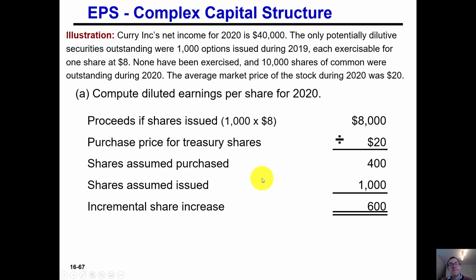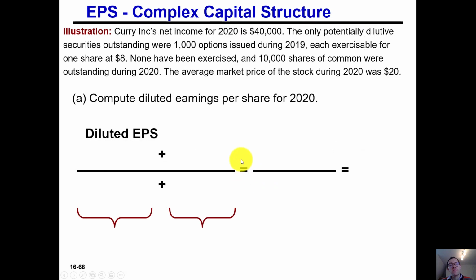But that's the idea. So when we do diluted earnings per share, let's just do the basic real quick. Net income is 40. And there are, let's see, 10,000 shares. There's no effect on the numerator, but for the denominator, we're not going to say plus 1,000.